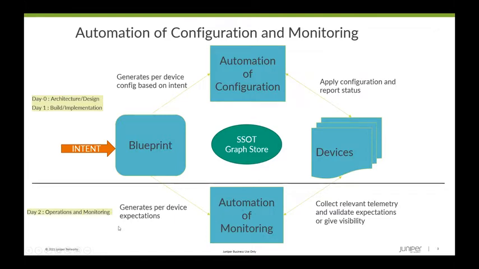That's the part more interesting for operations and monitoring, just to know, is my network behaving as intended? So for us, the blueprint and the graph store on the devices are the constant things, and from which you derive this automation of monitoring and automation of configuration, or just subsets of different aspects of this automation.